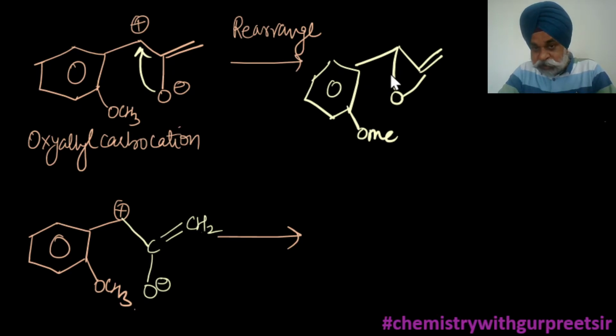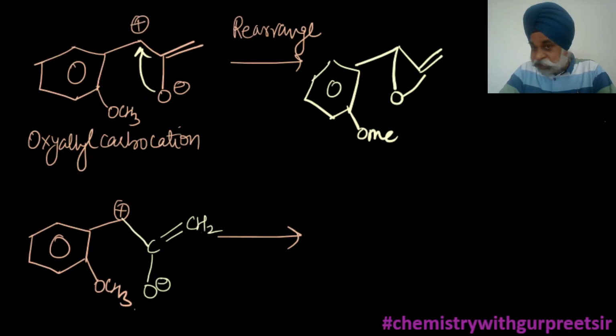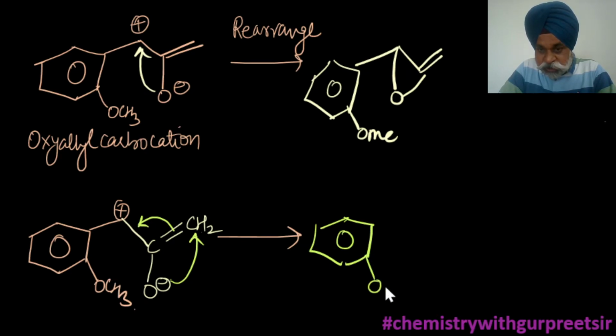In the actual paper this can be one of the options, though it is not there in this particular question. Another thing you can think of, as a few of you have sent me this solution, is this: if I attack this carbon and this goes here, then what you get is something like this.